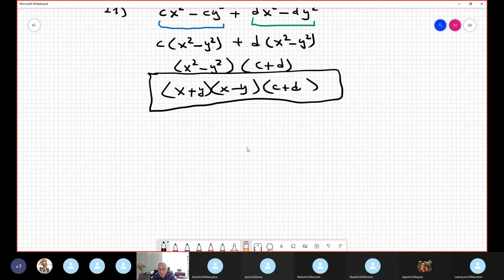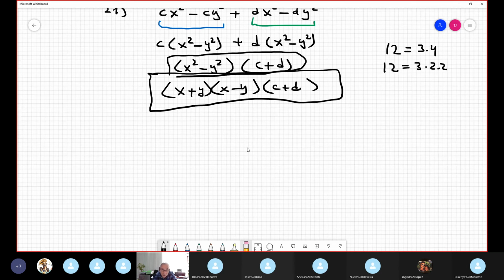Suppose that you factor 12 and say the answer is 3 and 4. Did you factor completely? No, because 4 breaks down into 2 and 2. So the total factorization of 12 is 3 times 2 times 2. You cannot leave it like that, because here we have a difference of squares and you need to continue one extra step. Clear? Yes, Professor.